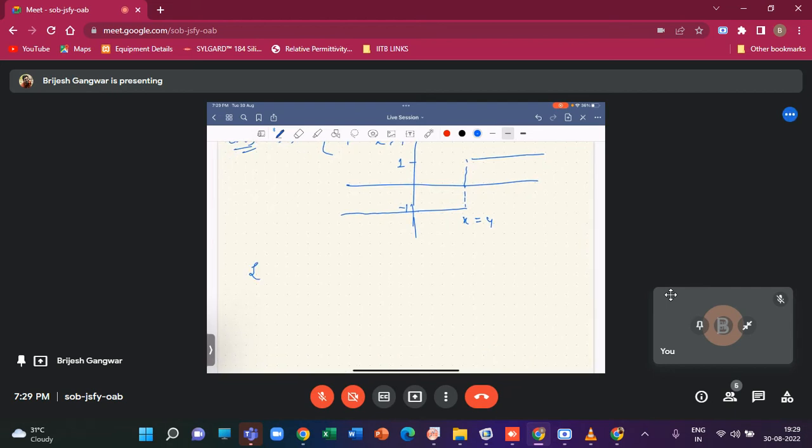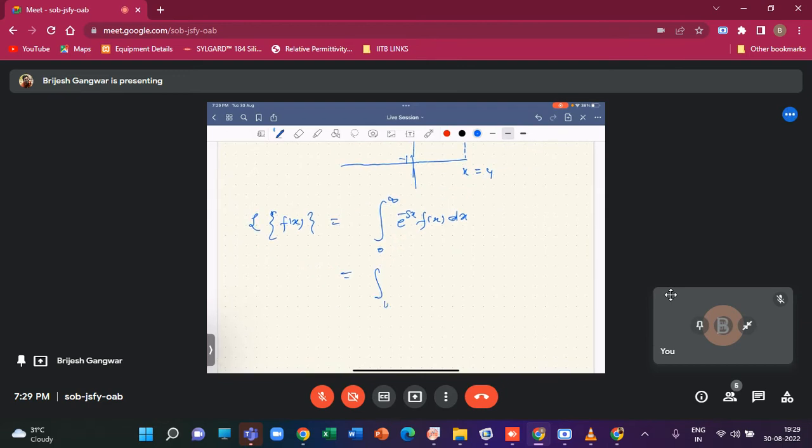Just from the definition, the Laplace transform of f(x) equals the integral from 0 to infinity of e to the power minus sx f(x) dx. So you can break the limit: 0 to 4, e to the power minus sx times minus 1 dx, plus 4 to infinity, e to the power minus sx times 1 dx.